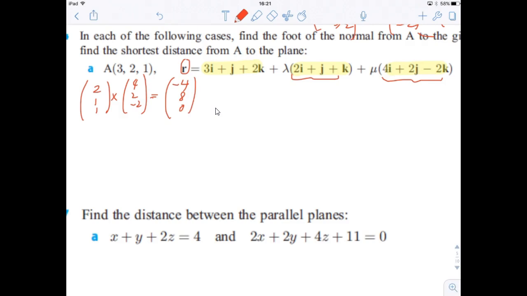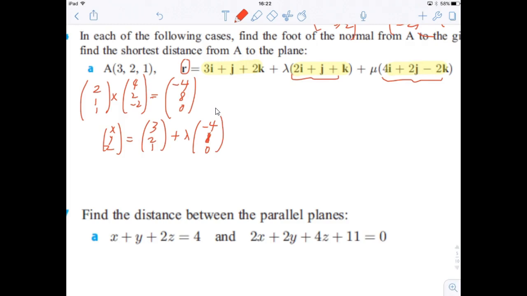And now what we can do is find an equation for the normal vector line, which would be, let's see, x, y, z equals the point A, 3, 2, 1. And we're going to add lambda times the direction vector, negative 4, 8, 0.